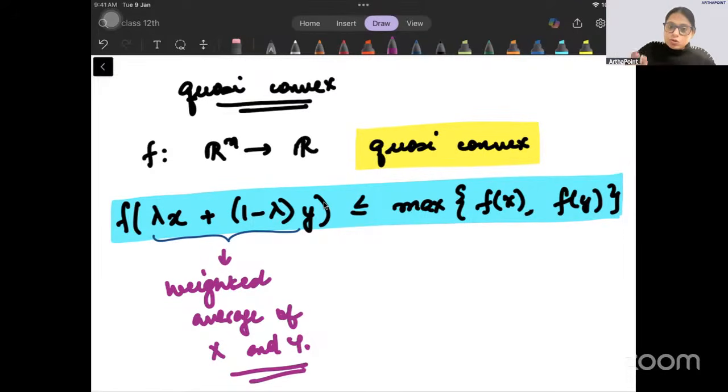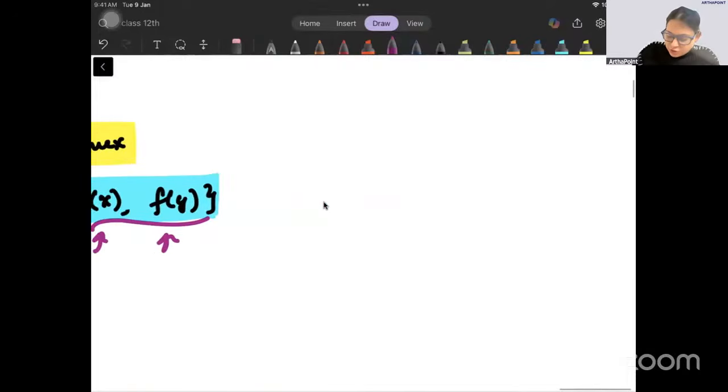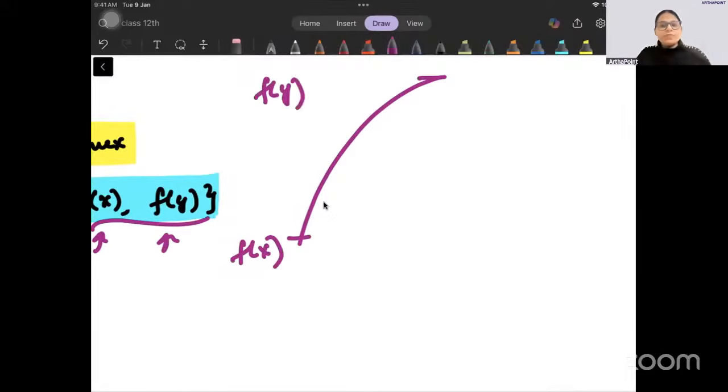And we found out the value of that function at every possible point. If that value is less than the maximum of f(x) and f(y), it means all values of the weighted average lie lower than the maximum of these two. Suppose my function is going like this, I have f(x) here and I have f(y) here.